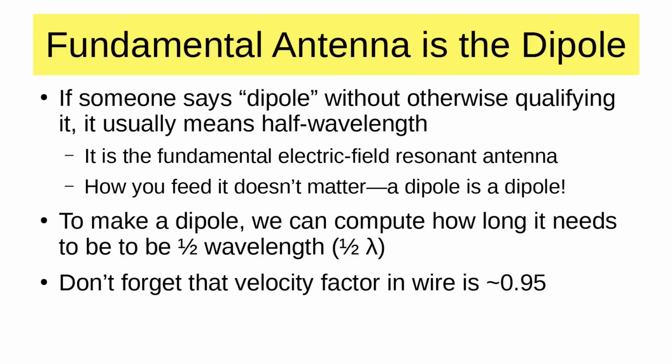The little dipole might only be 1 inch long. If somebody says dipole without otherwise qualifying it, it usually means half wavelength. Usage in ham radio is loose and has been loose for many years. Some people think dipole means an antenna that's just cut in half and fed in the middle.